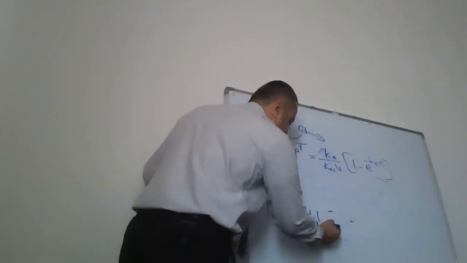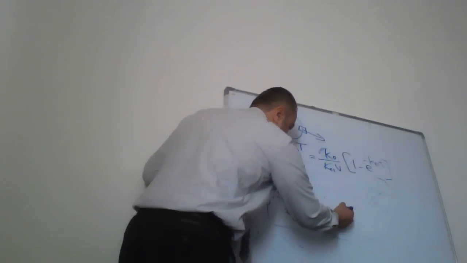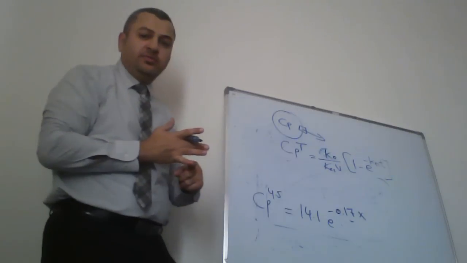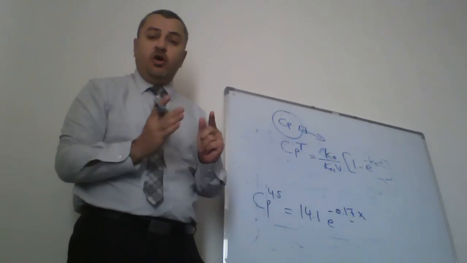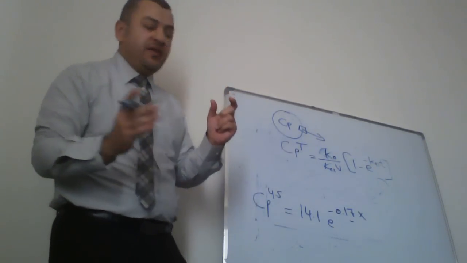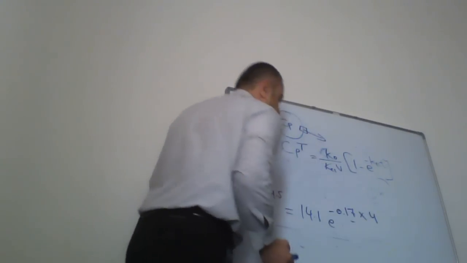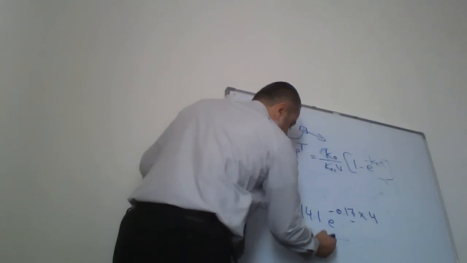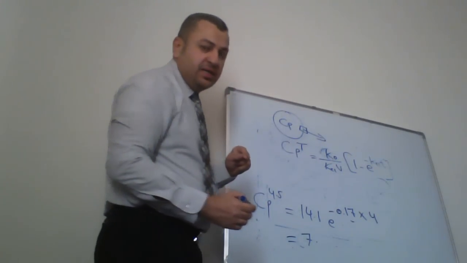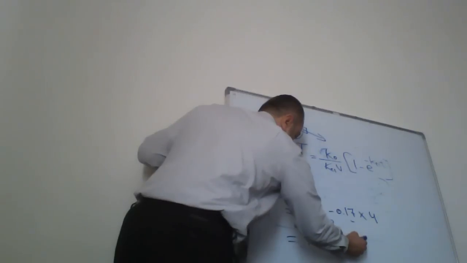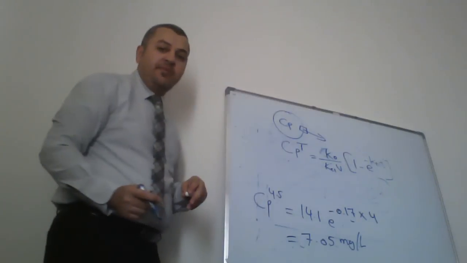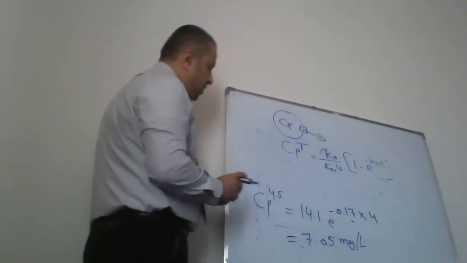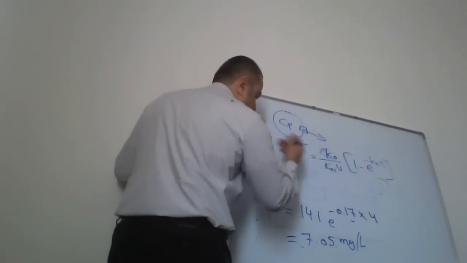So 14.1 multiplied by e to the power of minus Kel, Kel is 0.17, multiplied by either 4, that is from stopping the infusion, or 4.5 minus half. Now the answer for this will be about 7.05 milligram per liter. Okay? So if you look at this equation, the equation for CP post infusion.